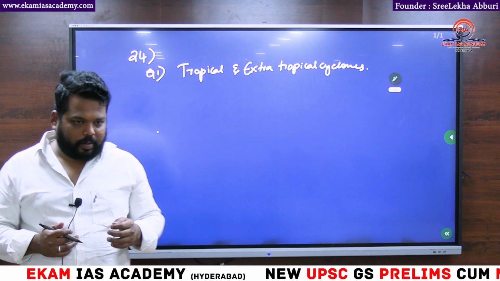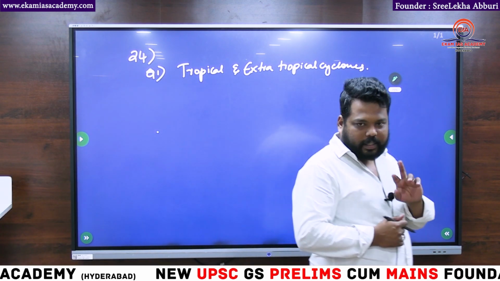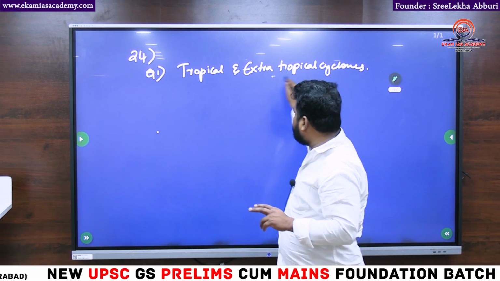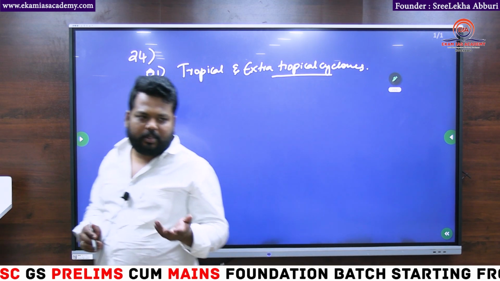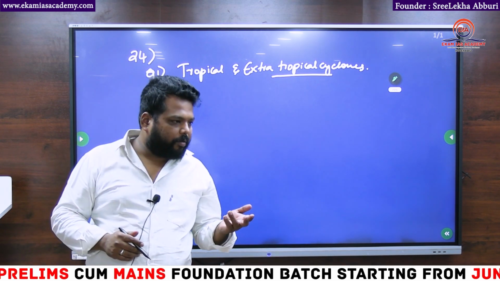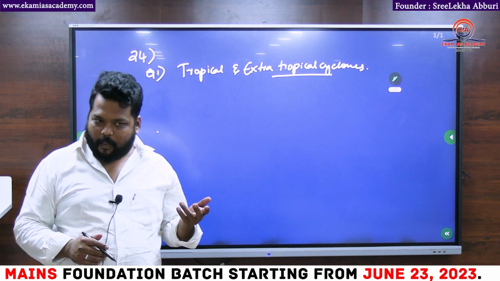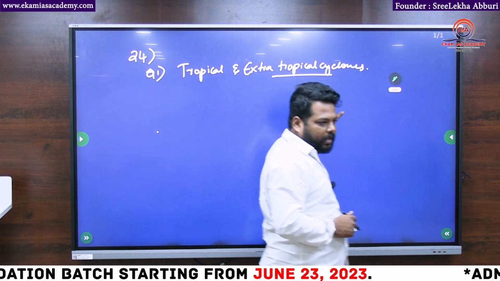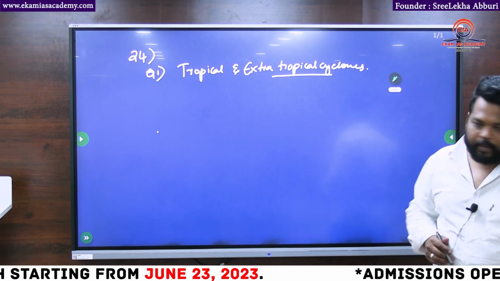Do you know the difference between how tropical and temperate cyclones would be formed? Extra tropical cyclone means temperate cyclone, or sometimes it can also be referred to as frontal cyclone. Yes or no? Because of front formation, these cyclones would be formed, right? Yes or no? Everyone is getting this.